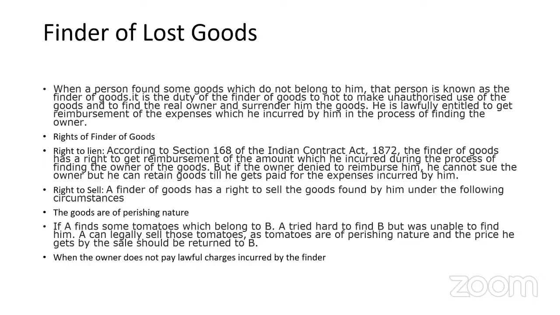Now, it is my right to get back those courier charges, and I can say that as long as you don't pay me these courier charges, I will not give you your bag. That is known as the right to lien, the right to keep possession of the property till the particular expenses are reimbursed. This is one thing.